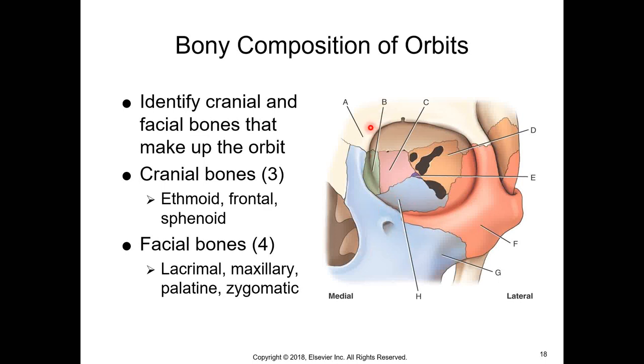So one more time, A is frontal, B is lacrimal, C is ethmoid, D is the greater wing of sphenoid, E is your palatine, that's that little purple section there. F is your zygoma, G is your maxilla, but H is also your maxilla. That's the orbital surface of the maxilla there. So make sure you pay attention to this particular image.